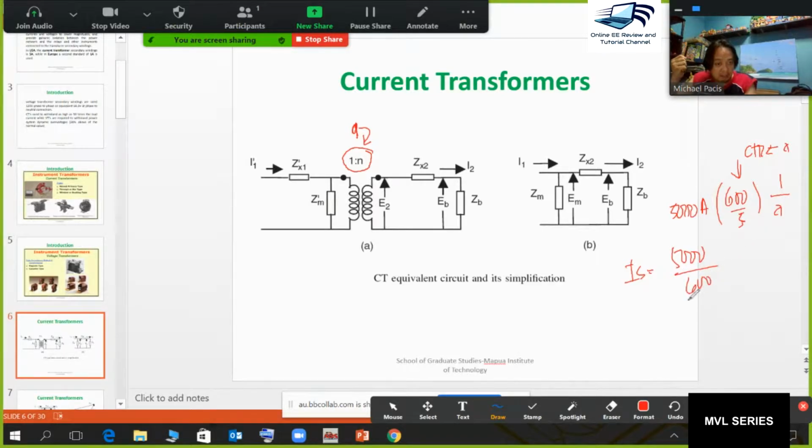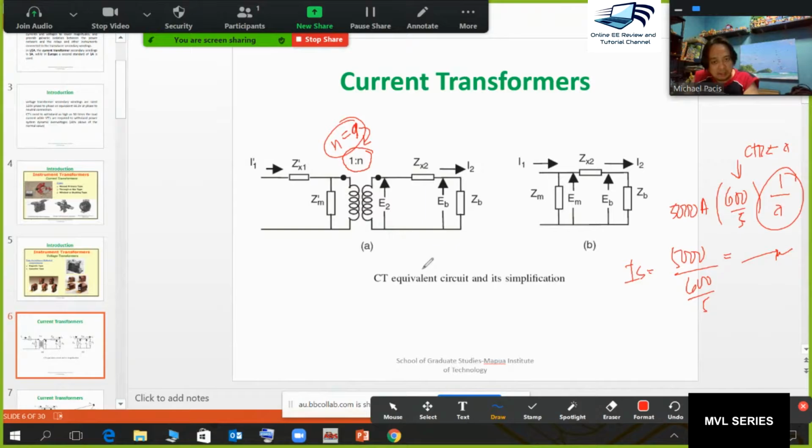Because if you divide by the 600 by 5 here, it will lower the 5,000 to a certain value. If you multiply it by A, definitely it will increase the value, right? So instead, you divide it by the N or A. You already know A is the transformation ratio. The N here is also your A.